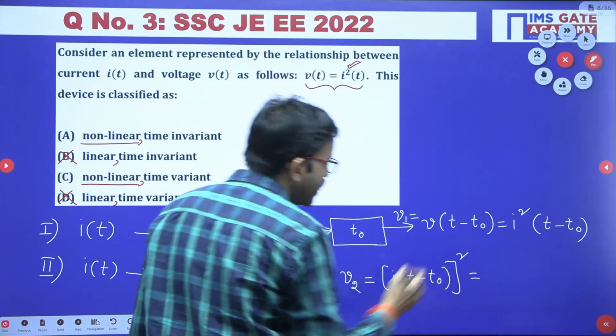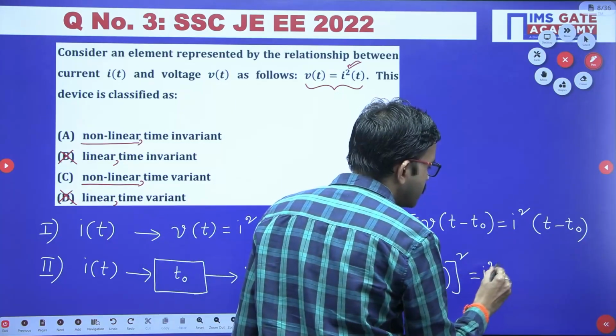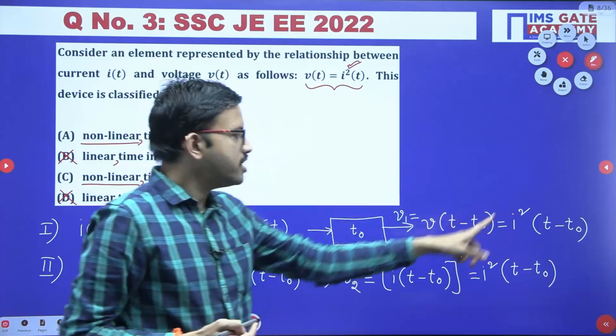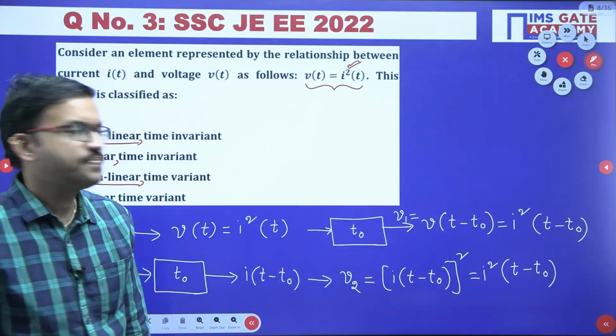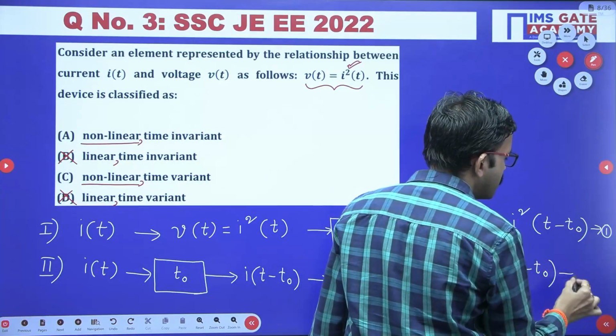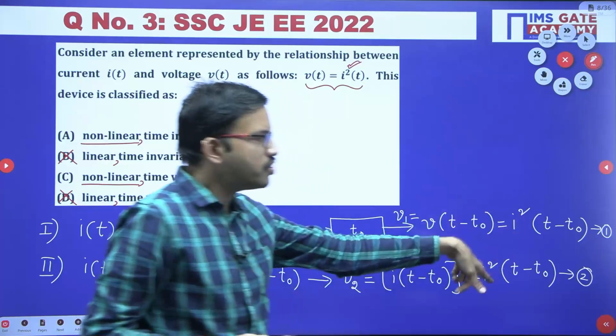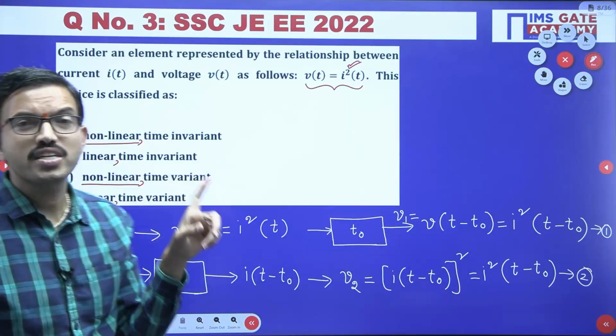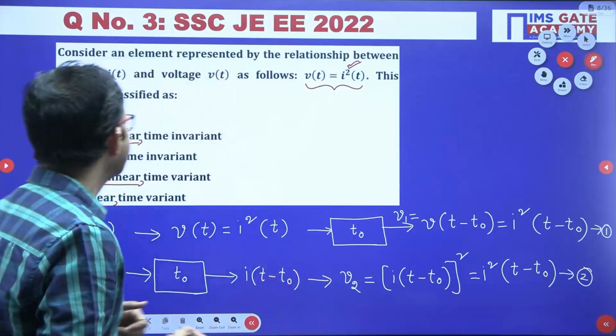Now this we can write as I square of t minus t naught. Now whether the first equation and second equation are the same or not: if 1 and 2 are the same, then that particular system or network is time invariant. That is very important.